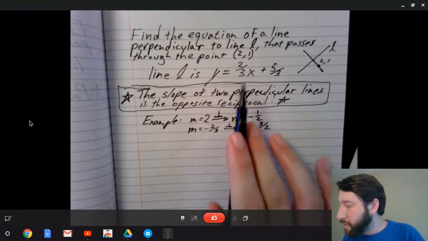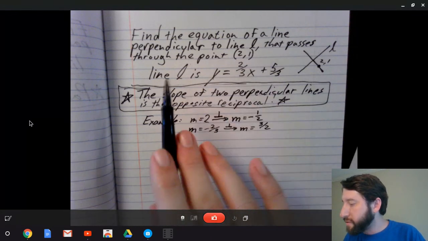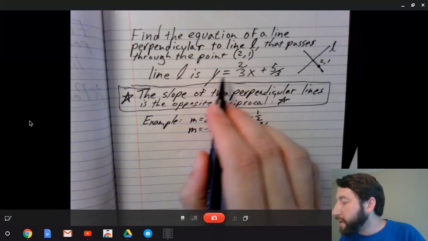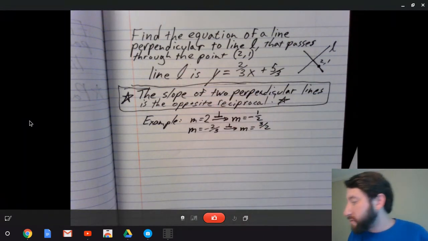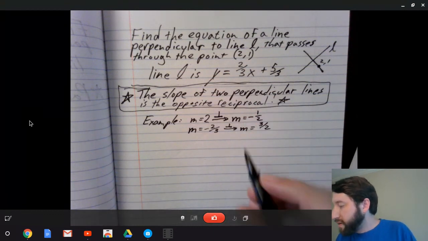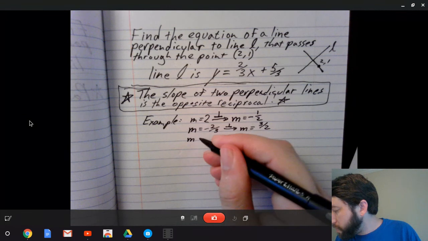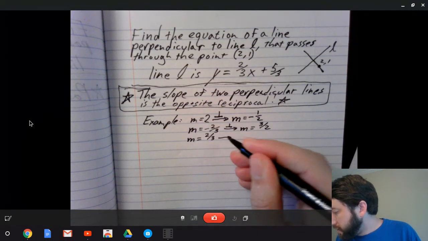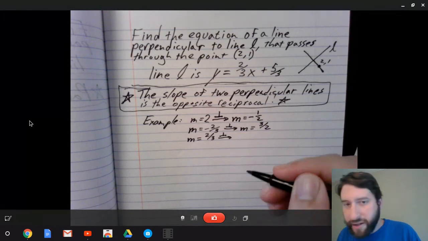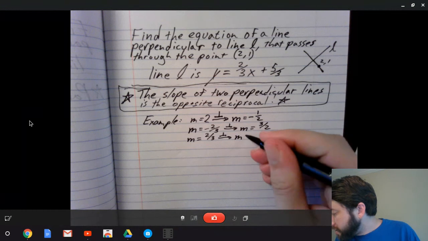So let's go back to our problem here. Find the equation of a line perpendicular to line L that passes through the point (2, 1). I know the original line. Now the only thing I have to worry about here is the slope. So my slope is 2/3. If your slope is 2/3 and I want a slope that is perpendicular, I'm going to flip it over and take the opposite sign.